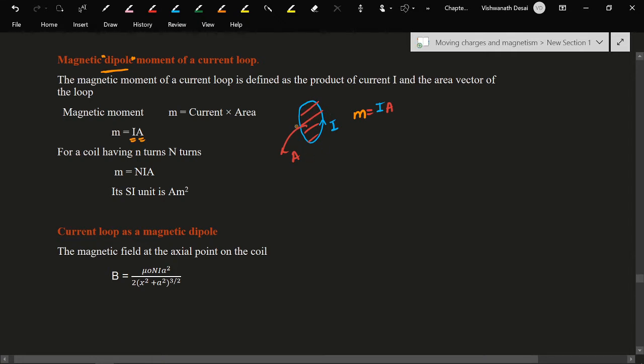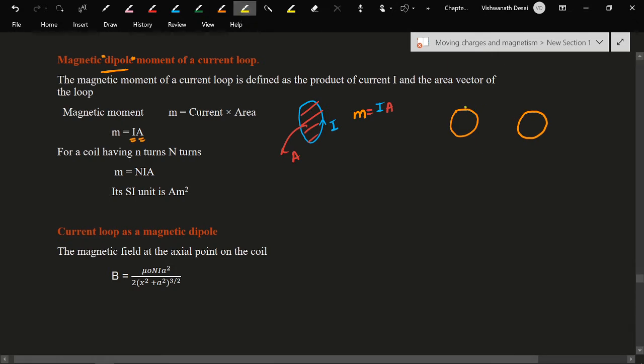But in reality, if you consider two circular loops, I recommend you watch the previous videos where I explained the circular current carrying loop and the nature of the magnetic field. This is just a revision of that. Suppose I have two circular conductors.